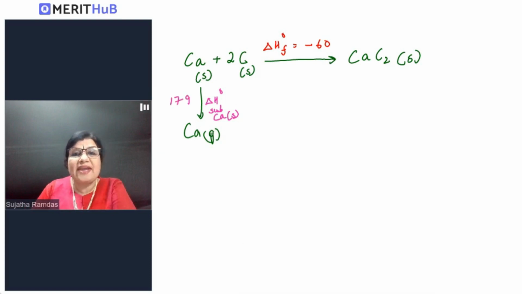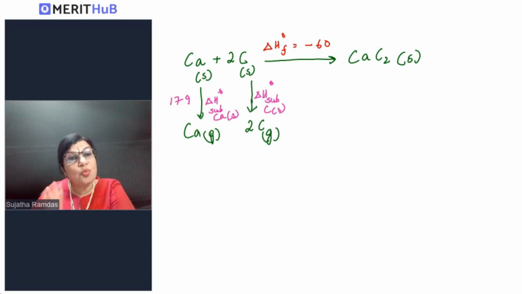The next transformation is that solid carbon is converted to two gaseous carbon atoms, and that enthalpy term is the enthalpy of sublimation of solid carbon. But the enthalpy given corresponds to 1 mole, and here 2 moles of gaseous carbon atoms are formed, so it should be 2 into.